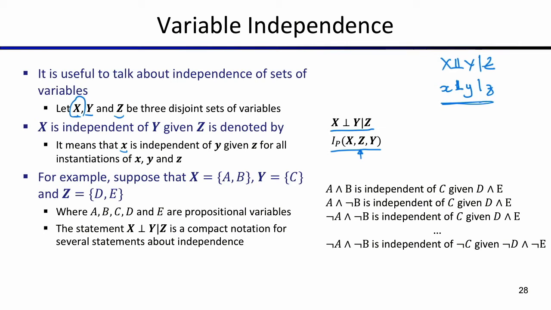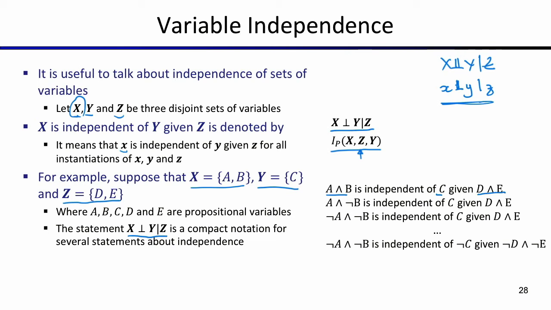Just to make it a little bit more concrete, let's suppose that x is a set of variables a and b, y is a set with just one variable c, and z is the set that has the variables d and e. So when we state that x is independent of y given z, we are actually saying that a and b is independent of c given d and e. And we take another possible value here.